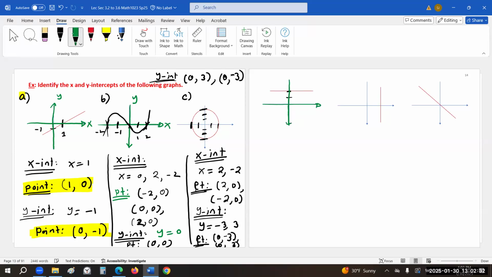This is the y. This is x, this is y, on the top. And let's say this is 1, 2.